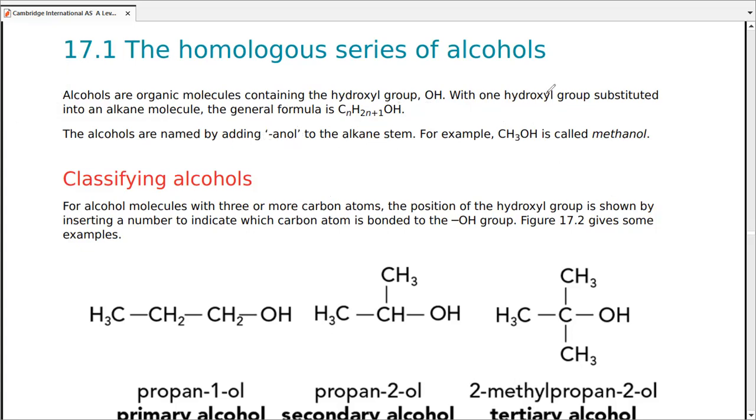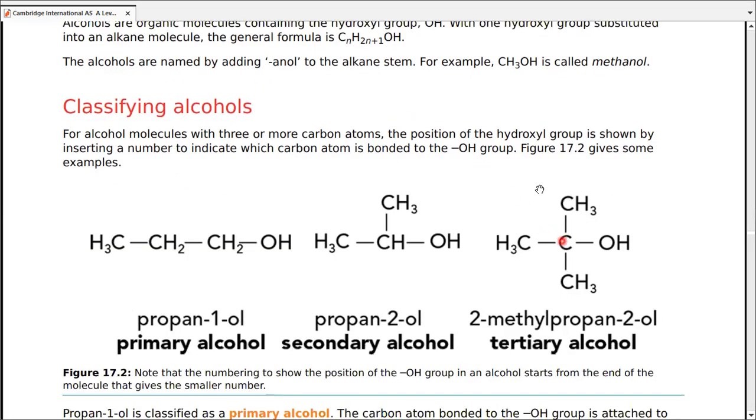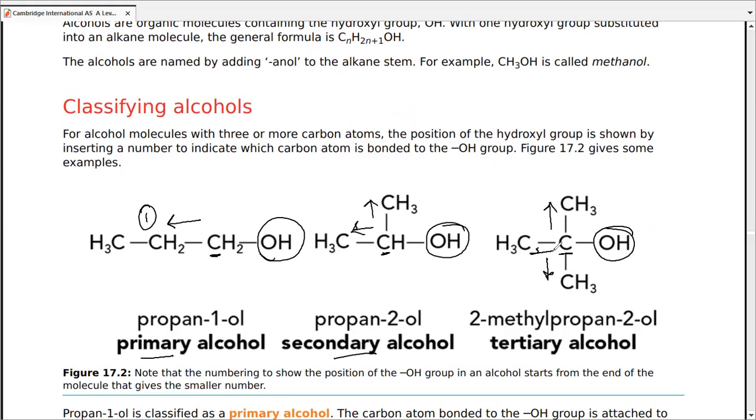Now, let's move further. Let's classify alcohols. Alcohols are classified in a way that is pretty much similar to the halogenoalkanes. The alcohol group is attached to a carbon. That carbon, if it is attached to one chain, is a primary alcohol. That carbon, if it is attached to two chains like this, is a secondary alcohol. That carbon, if it is attached to three chains at a time, is a tertiary alcohol.